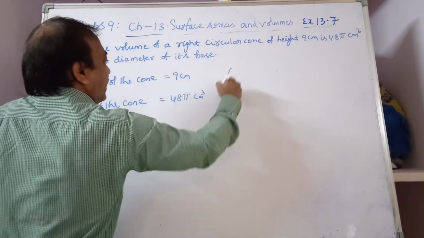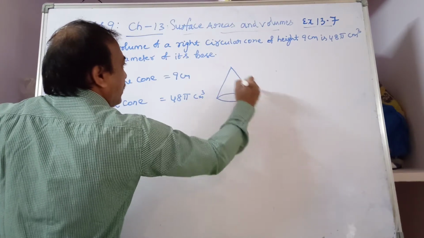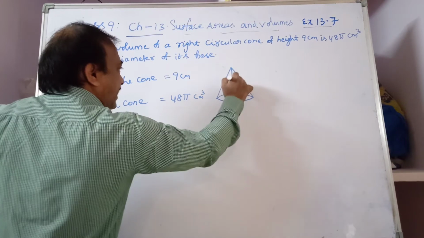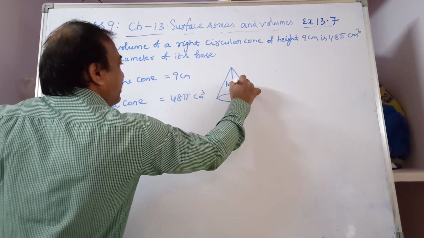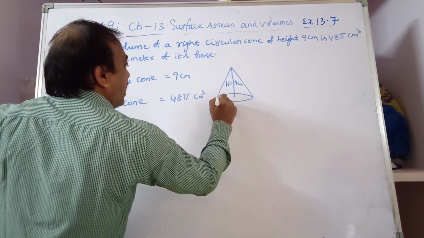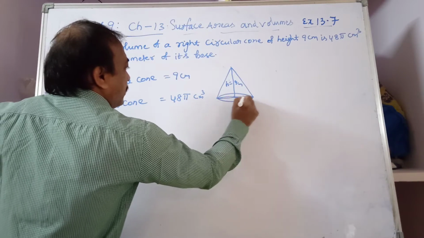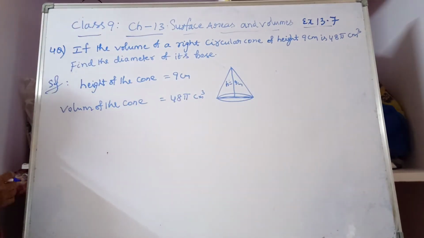So here is the diagram. Volume of the cone is given and height is also given. This is the height h. H is equal to 9 centimeters and we need to calculate its diameter.